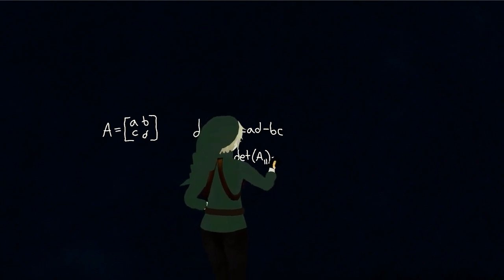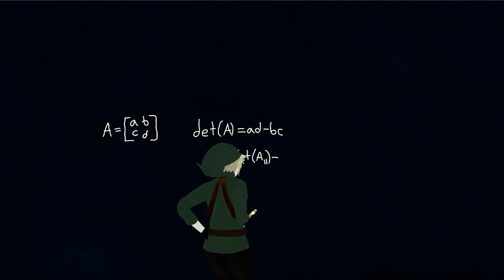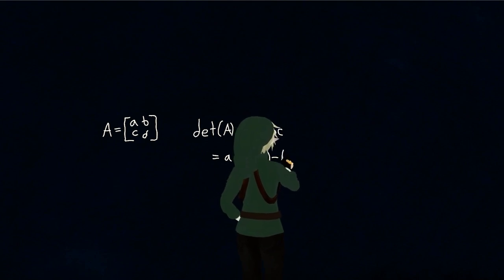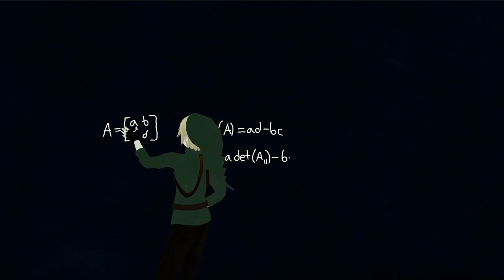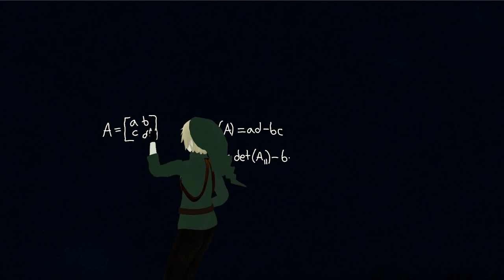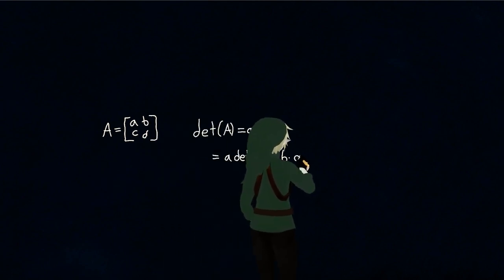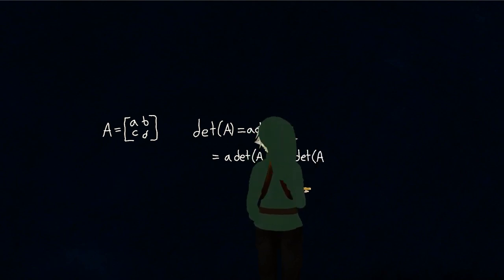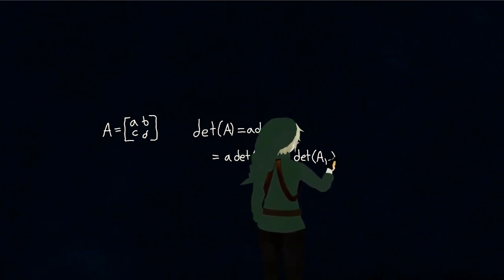Okay, that's what D is. Now, what about minus BC? We have B times, and then what is C? C is the submatrix of row 1, column 2. So C is equal to the determinant of A where we delete row 1 and column 2.